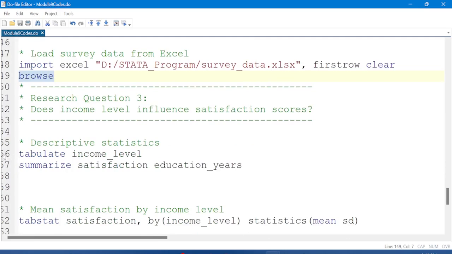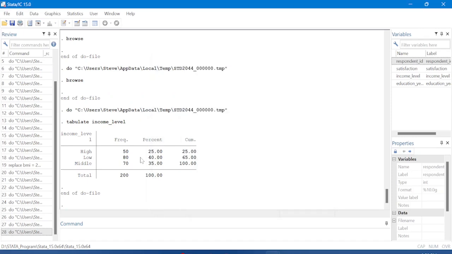So before we proceed, let us have some descriptive statistics. This is the result of income levels. We realize that we have high, low, and middle. So the majority are from the low group, followed by middle, and the lowest at high.